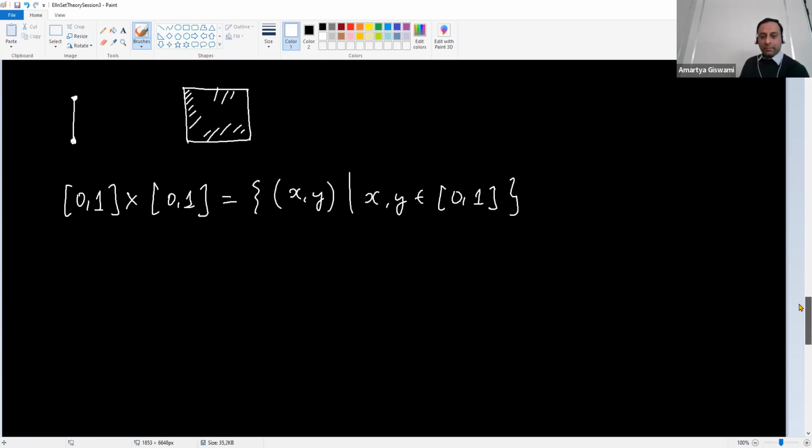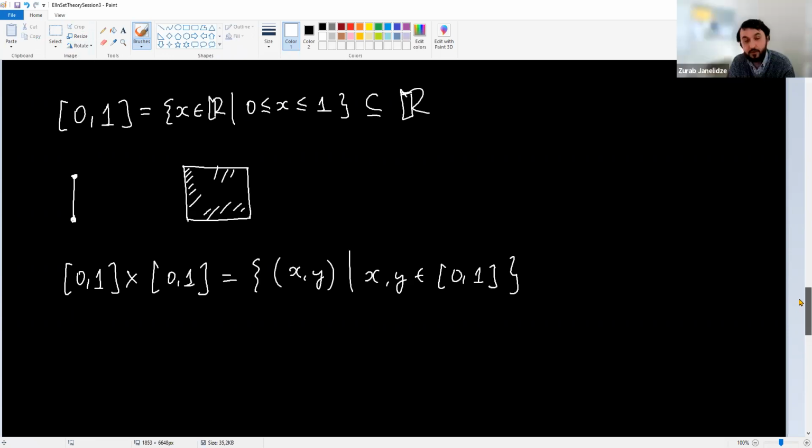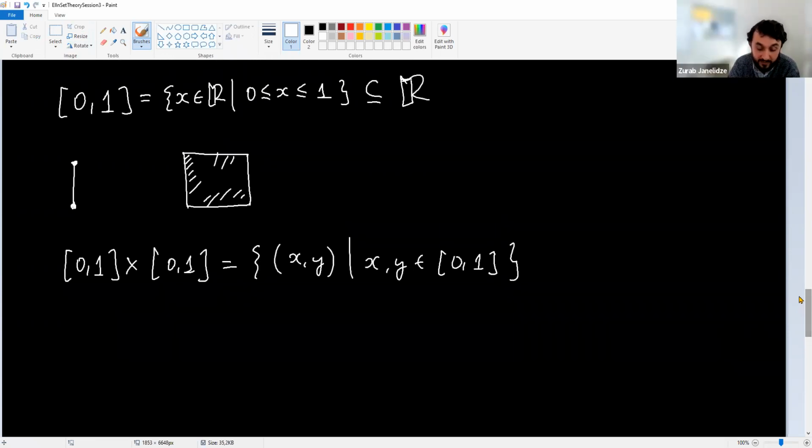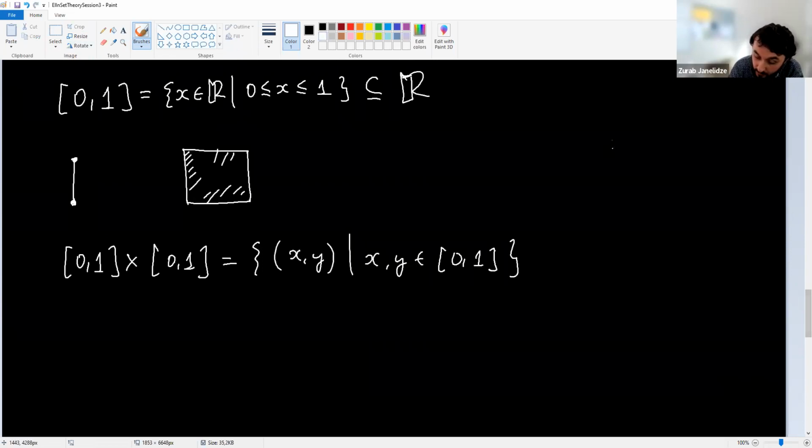Right. But now, let's say I want to make a cylinder out of something like this. So I want this shape. I could, of course, describe a cylinder as a subset of R cubed, right?